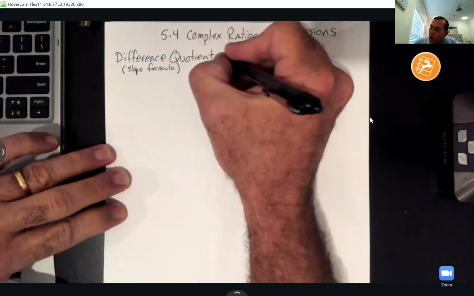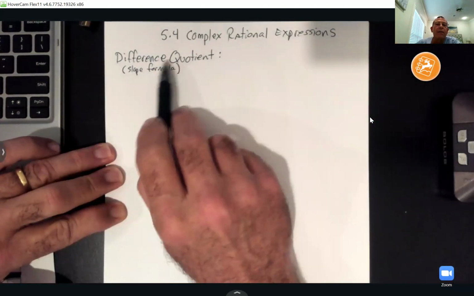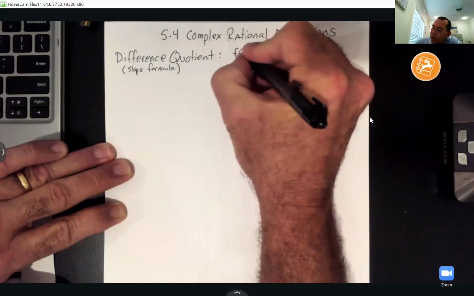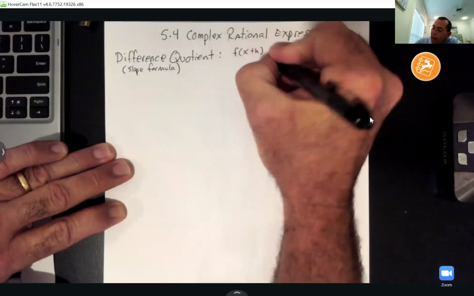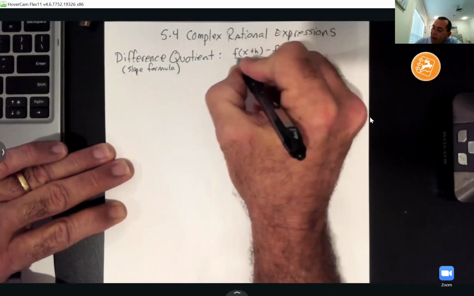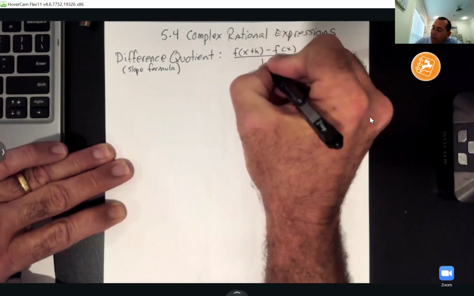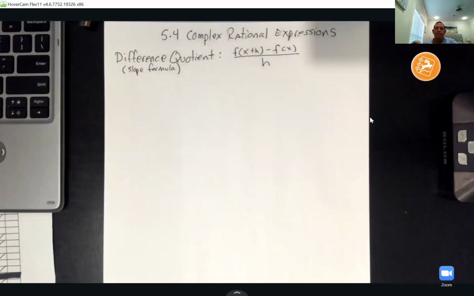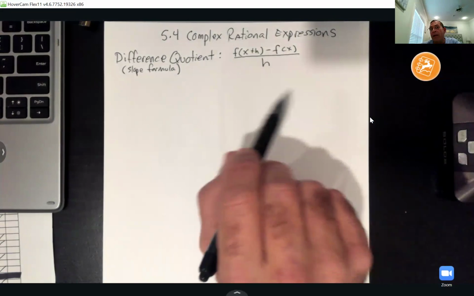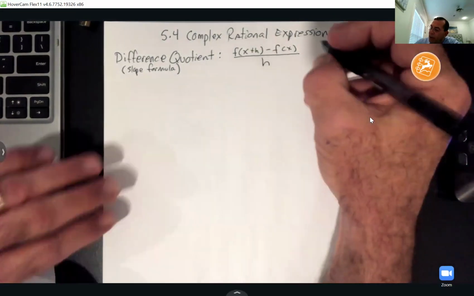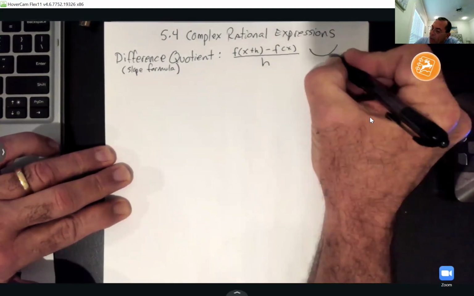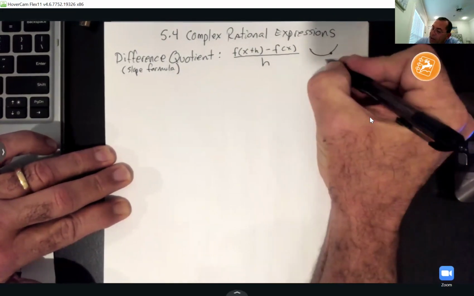Now, the actual formula for the difference quotient is f of x plus h minus f of x, all over h. So basically, I'm not going to get real deep into it, but say I had a curvy line and I wanted to find the slope at these points.